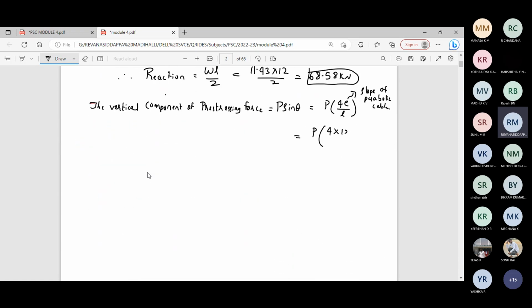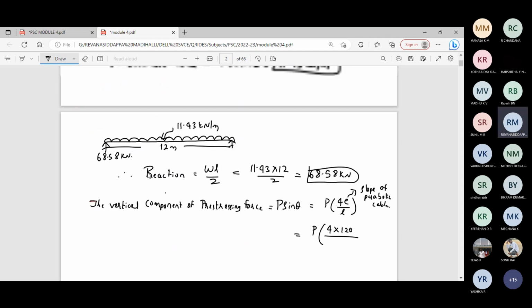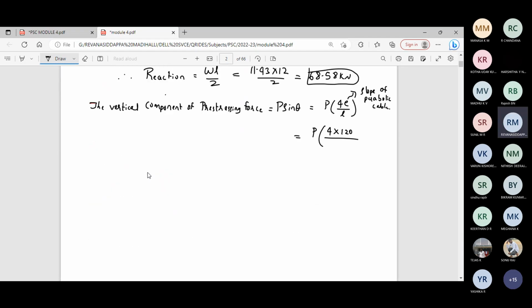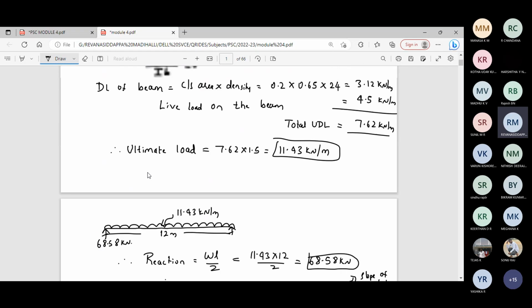So 120 mm divided by the length of the beam. The length of the beam is given as 12 meter. Eccentricity we are substituting in terms of millimeter, so we substitute the length of the beam in terms of mm only. 12 meter means 12,000 millimeter. After simplification, you will get this value as 0.04 P. What is the direction of this P sin theta?